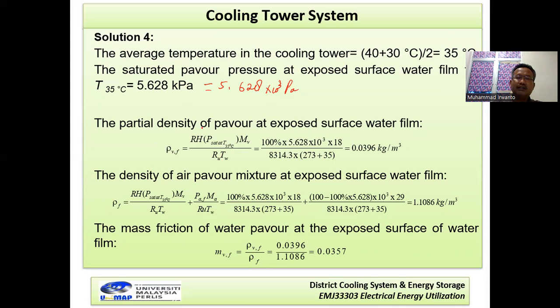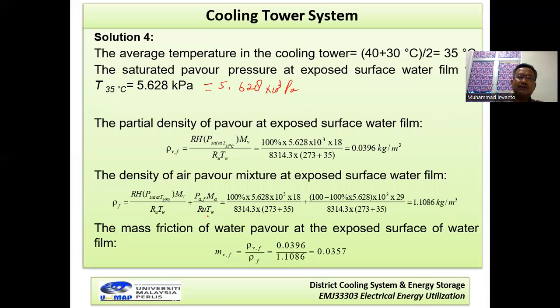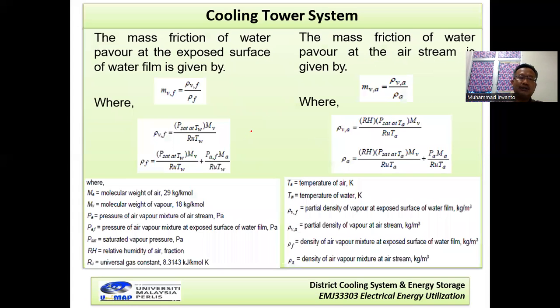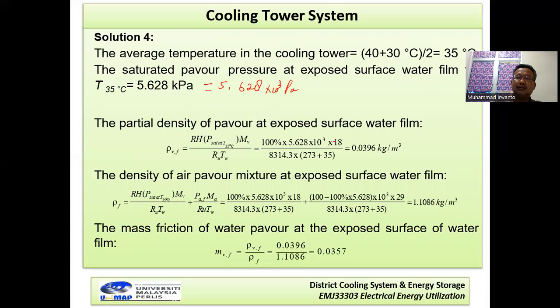Look here, RH is this one, the relative humidity is 100%. 100% means 1, it can also be written as 1. So 1 multiplied by P saturated taken from here, and then MP is given from this one, 18, divided by RU.